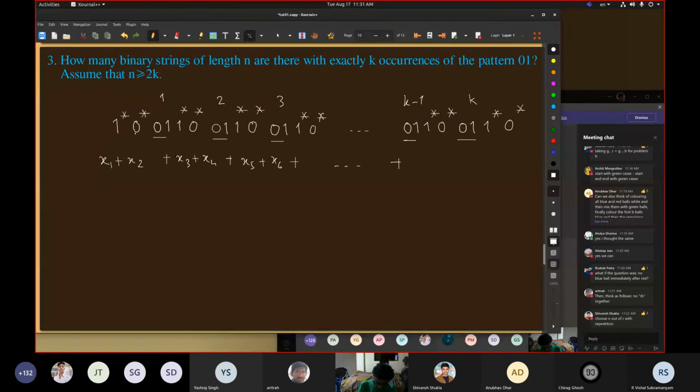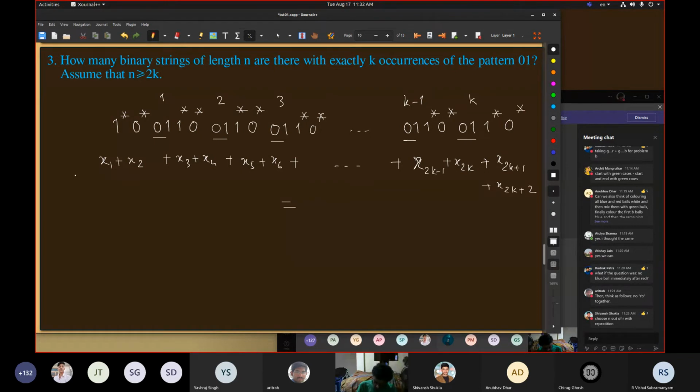So 1, 2 before 1, 3, 4 before 2. So before k I already have x 2k minus 1 plus x 2k. At the end also we will have x 2k plus 1, x 2k plus 2.